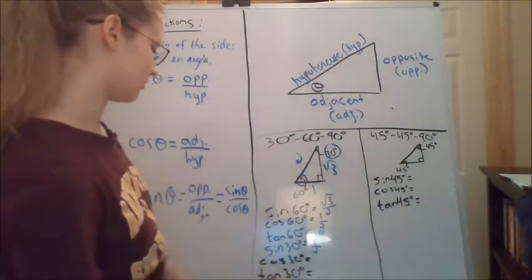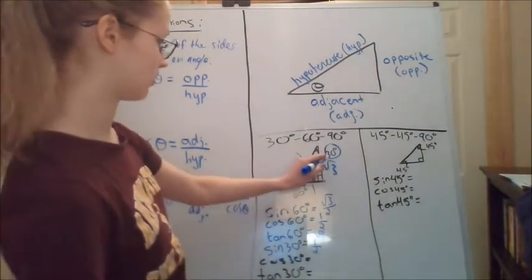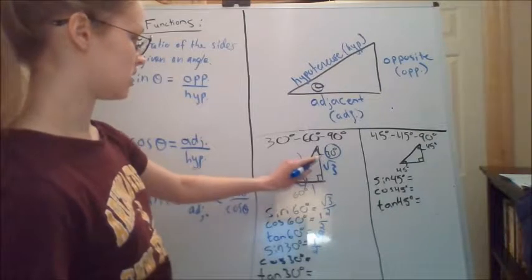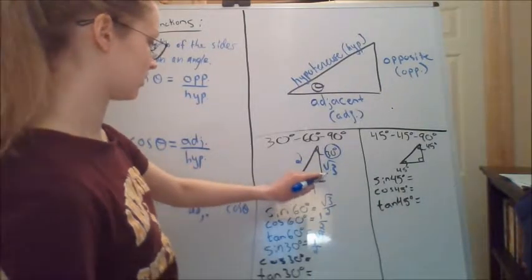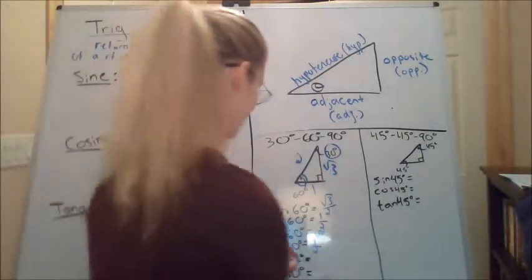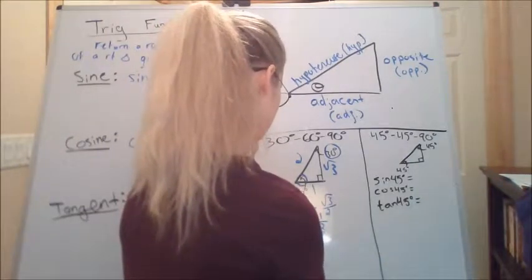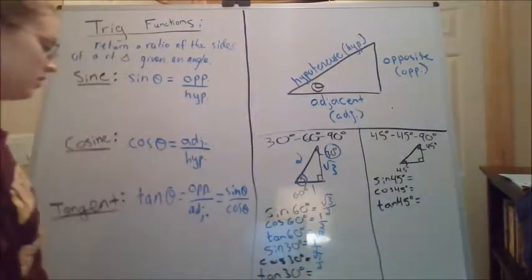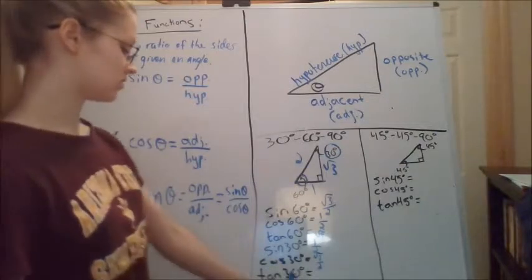Next we have cosine of 30 degrees. We look at 30 degrees once more, and the side adjacent to it is root 3, and we divide that by 2. So we get square root of 3 divided by 2. Lastly, we have tangent of 30 degrees.